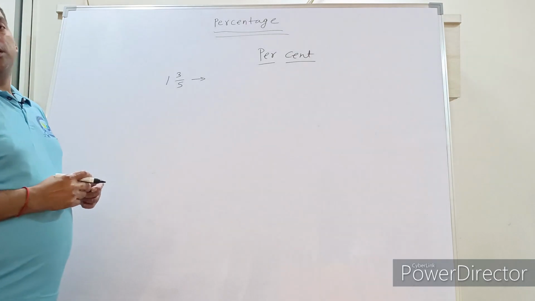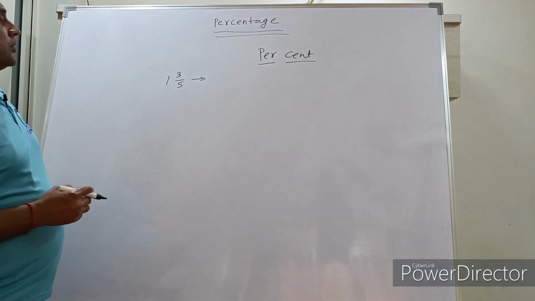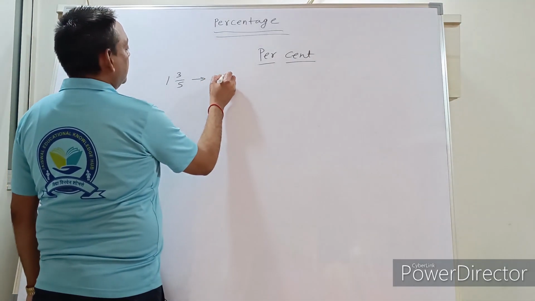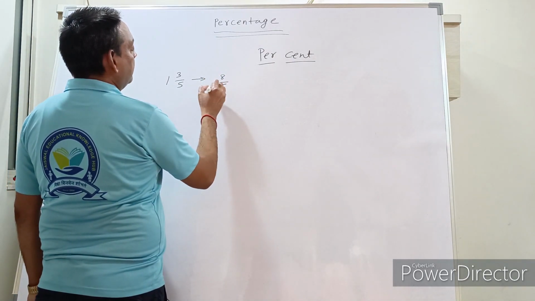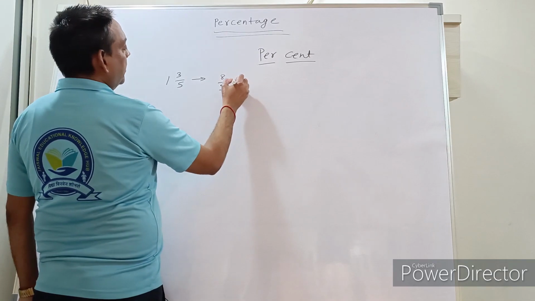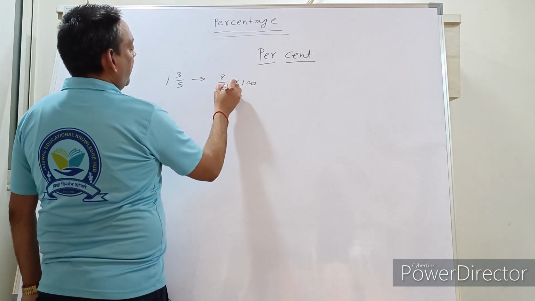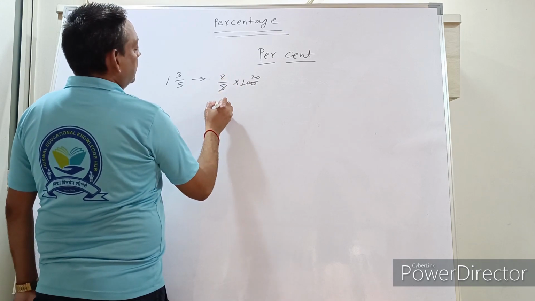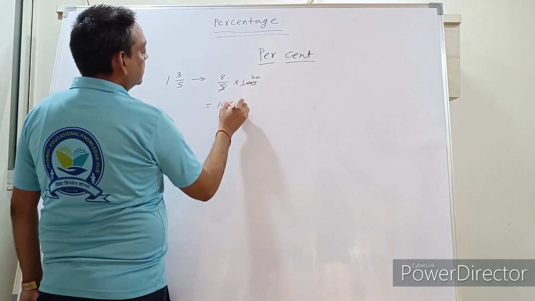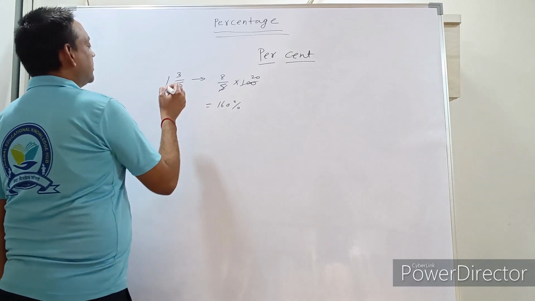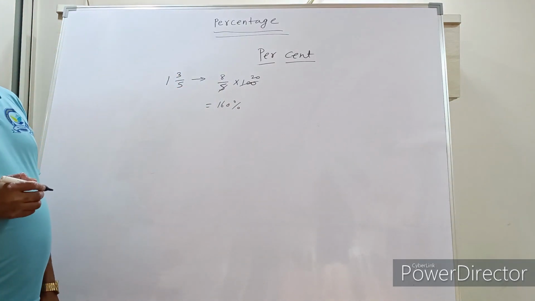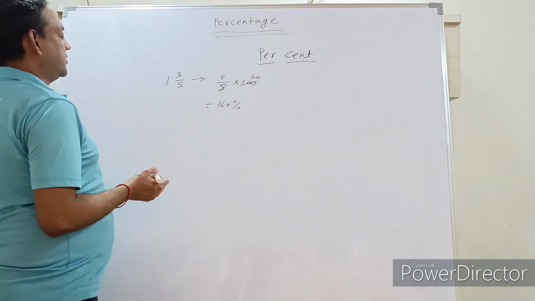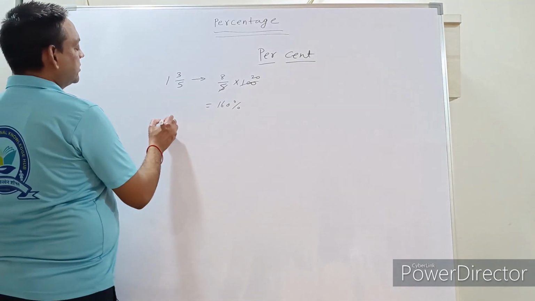So first thing, this is given in the mixed fraction, so convert into improper. So 5 1s are 5 plus 3 is 8, so it becomes 8/5, and then 8/5 multiply by 100. 5 1s are 5, 20s are 20, 8 20s are 160, so 160 percentage. So 1 3/5 is nothing but 160%.